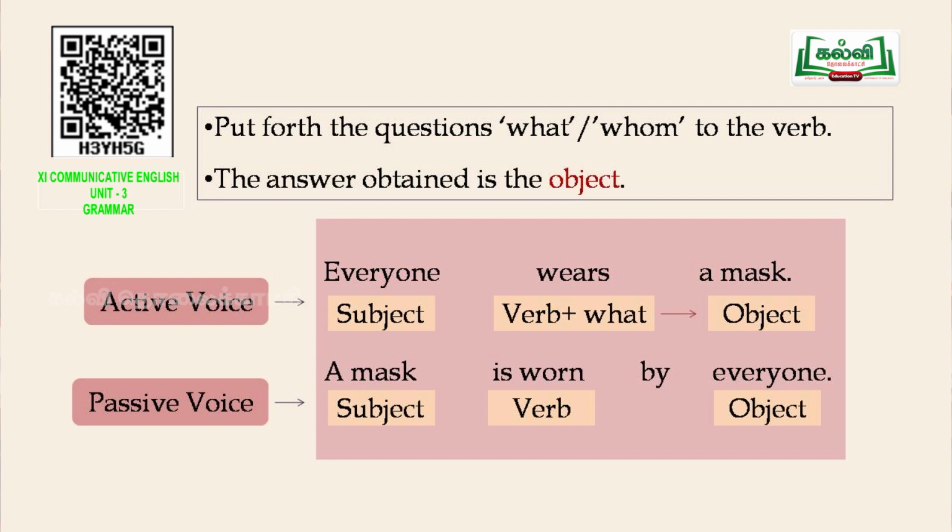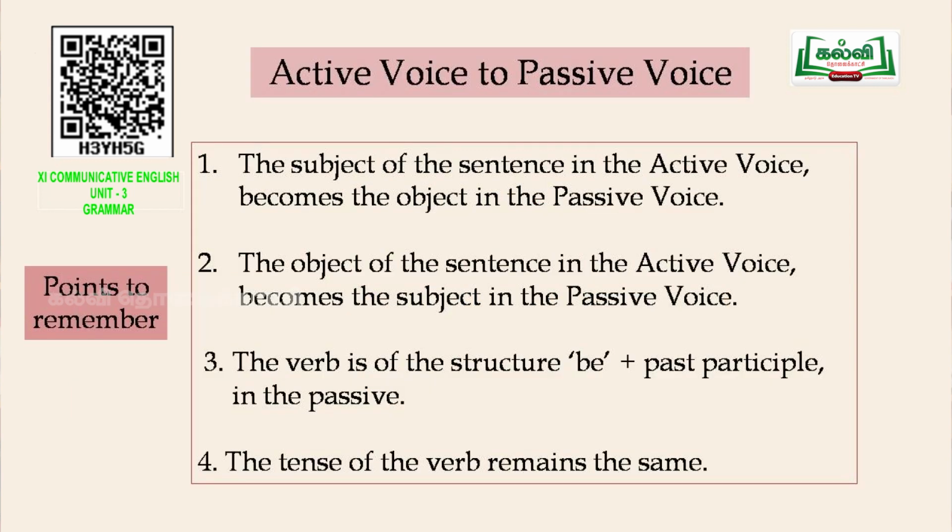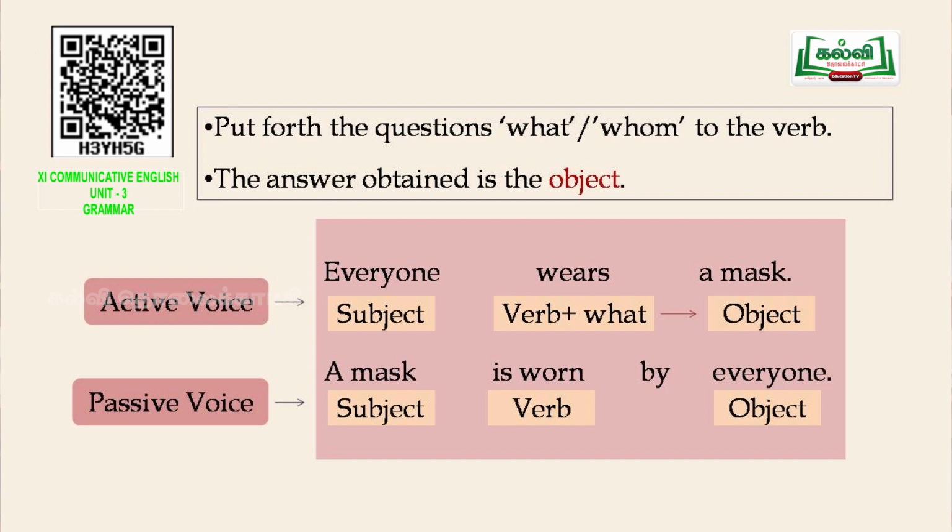Now you got to note down some important points while transforming a sentence from the active into the passive. Points to be noted. The subject of the sentence, that is of the active voice, becomes the object in the passive. The object of the sentence, that is of the active voice, becomes the subject in the passive. For example, consider that sentence, everyone wears a mask.